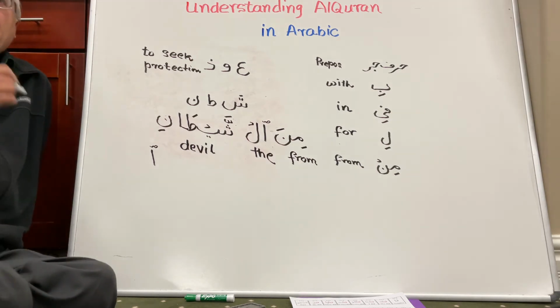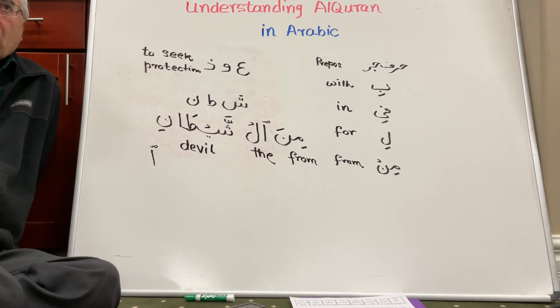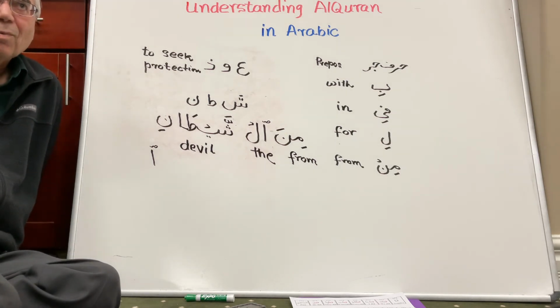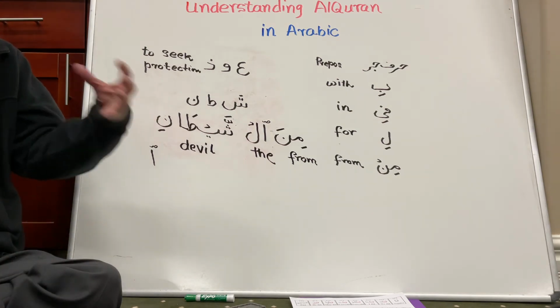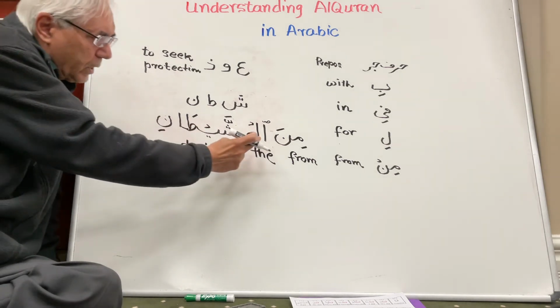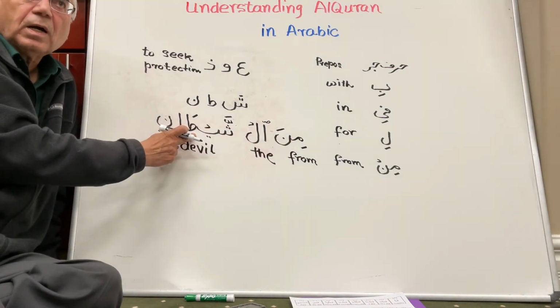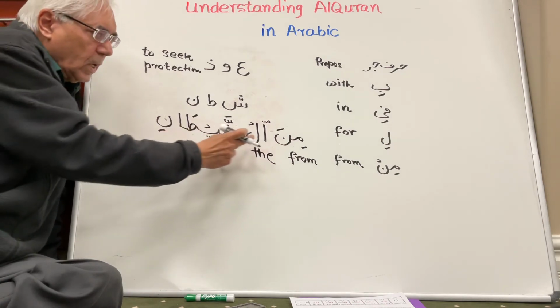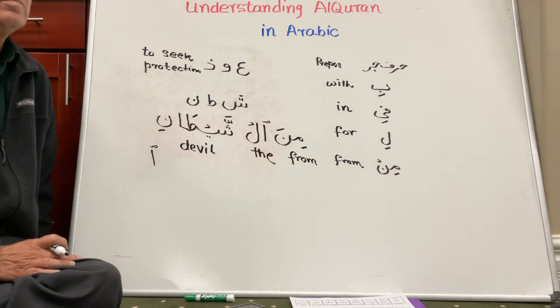Why? Do you know the word wasal? It is used in some songs also. Wasal means to join two things together. So what we are doing is joining min with ash-shaytanu by sacrificing the alif in between.